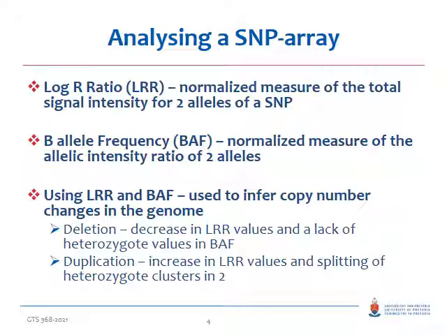When using both the log-R ratio and the B allele frequency, copy number changes in the genome can be inferred. A deletion is indicated with a decrease in log-R ratio values and lack of heterozygote values, and a duplication, an increase in log-R ratio values, and splitting of the heterozygote clusters in two in the B allele frequency.